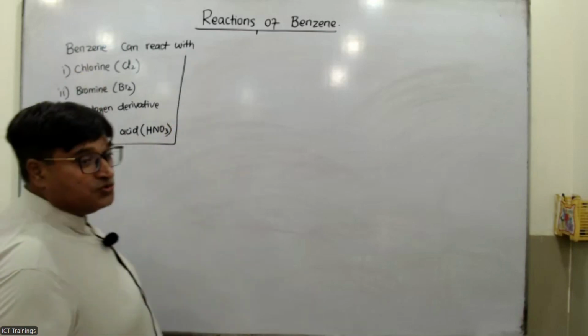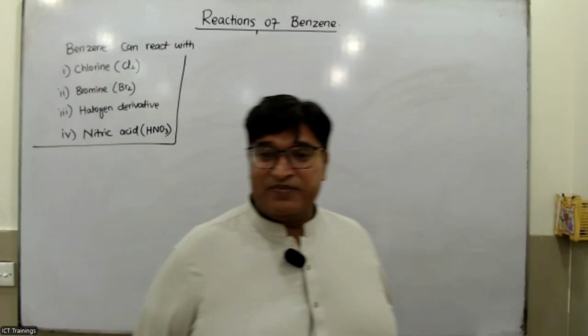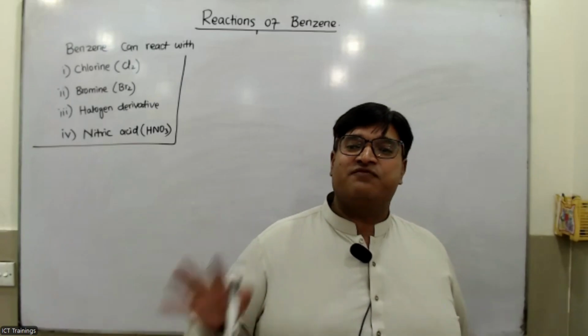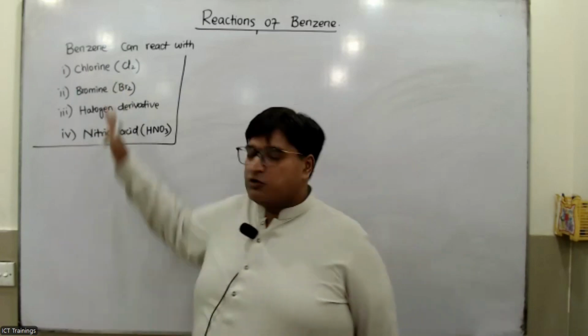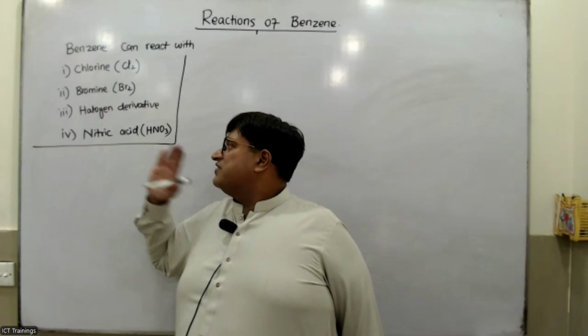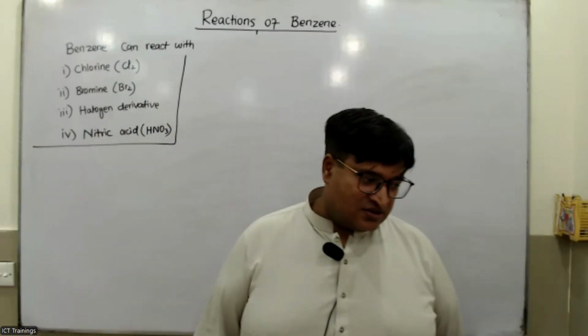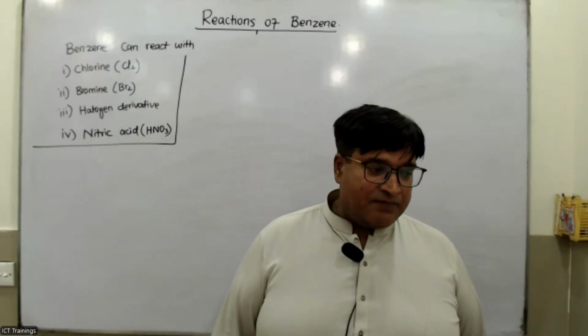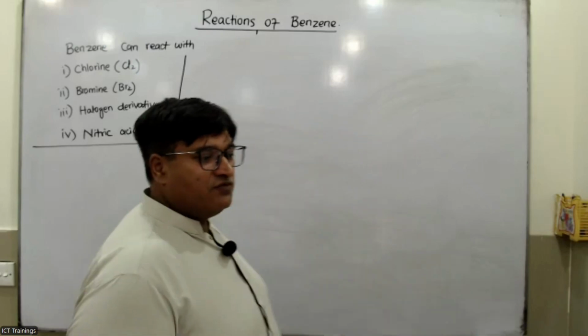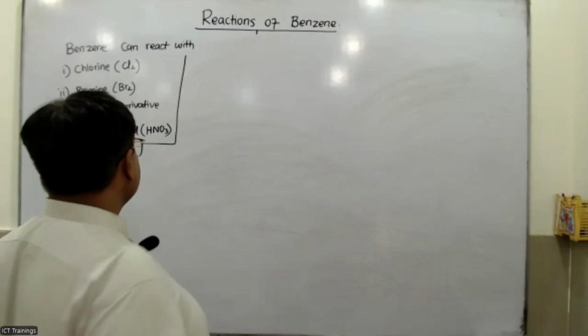I will ask you about the reactions of benzene, so remember, benzene can only react with four substances: chlorine, bromine, halogen derivative, and nitric acid. Okay, by the same mechanism I told you. One by one, we are going to discuss those mechanisms.